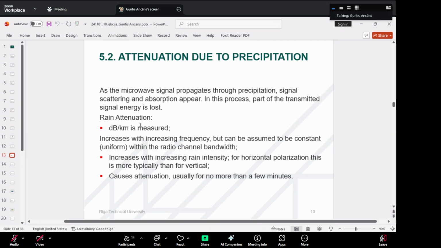But here the signal propagates in the atmosphere, in free space. Basically, additional to free space loss, we need to count also this rain-introduced attenuation.